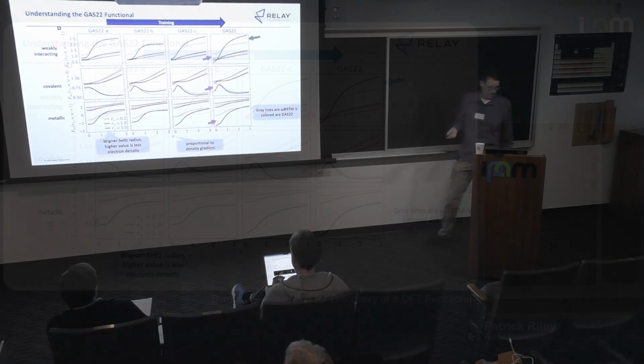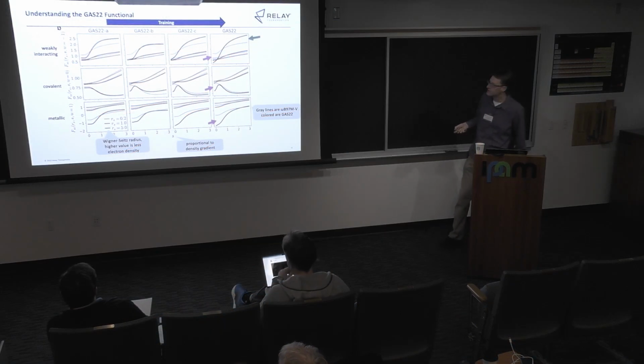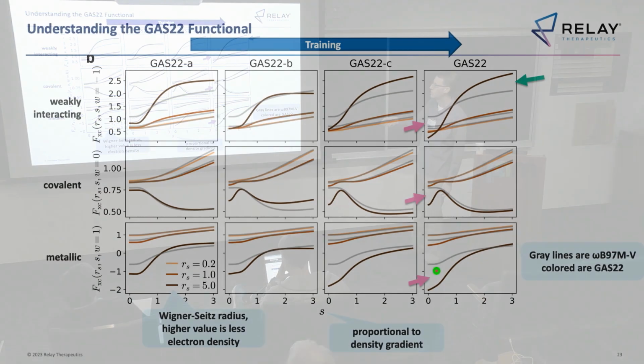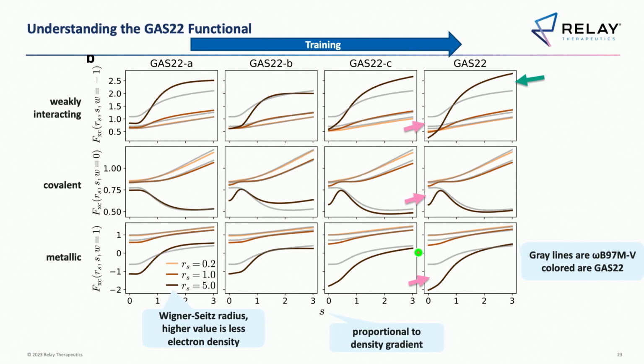The things that we are seeing here, if we first look at the little places I've noted with pink: these are places where we have very low density gradient, so the density is very flat. Here we tend to have lower enhancement factor than the functional we started with.